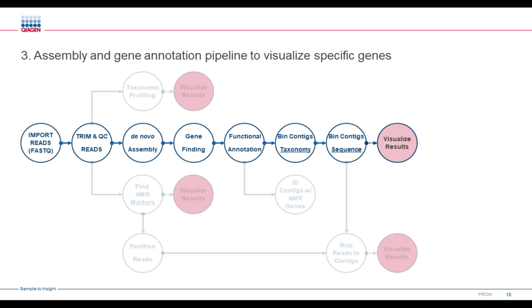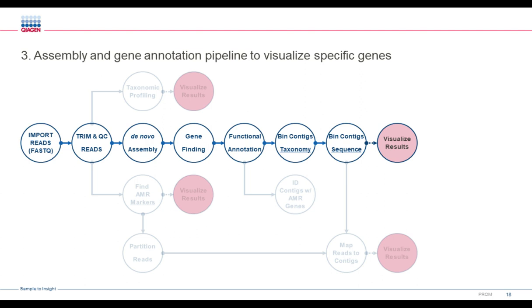And we use two databases, one for bacterial reference genomes, and a second database that we use for plasmids, and you can create your own custom databases as well and use them in whatever combination you would like.